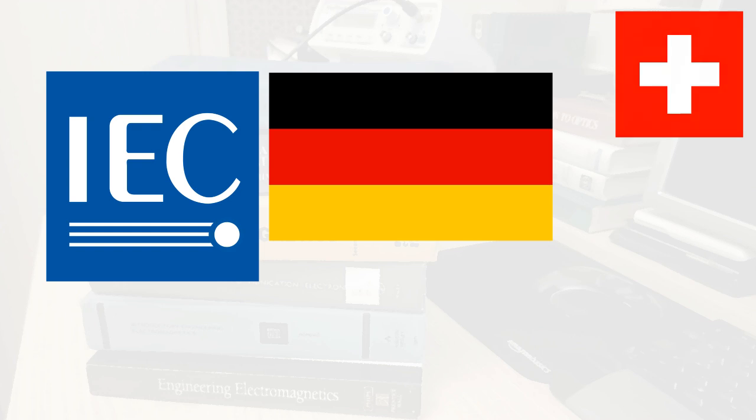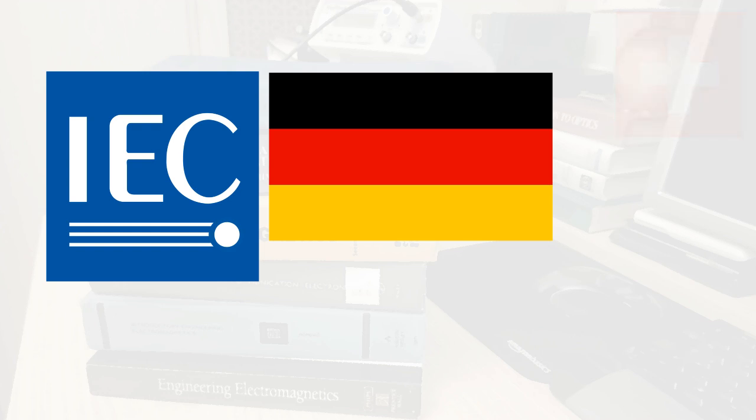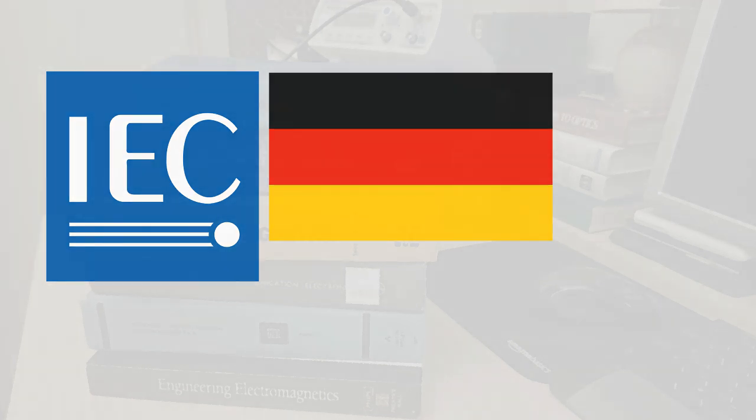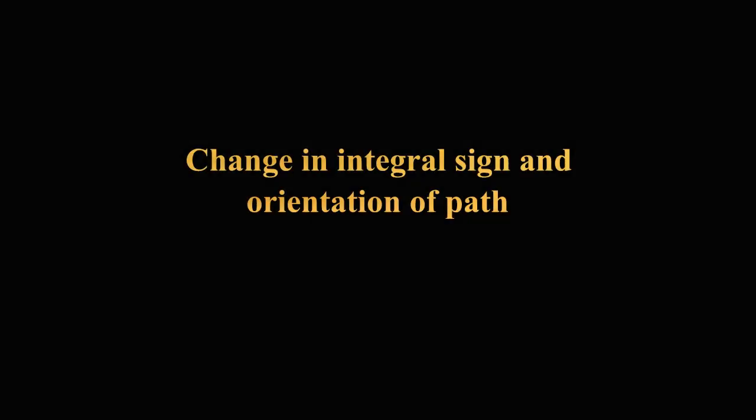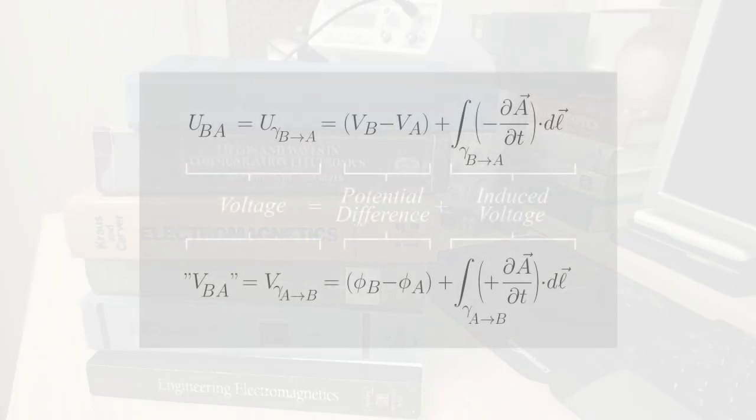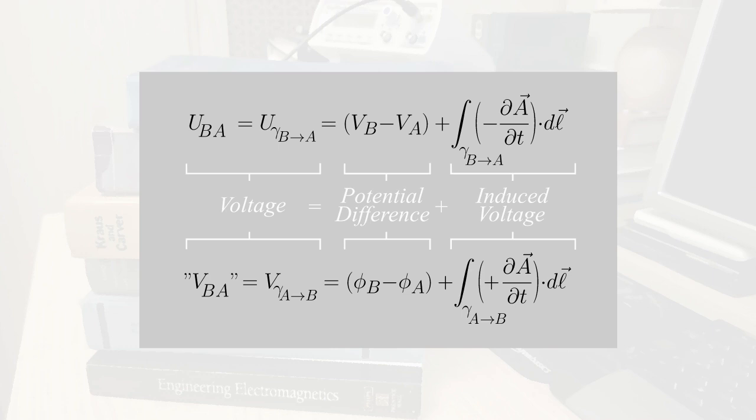So it shouldn't come as a surprise that the IEC decided to use the German convention and notation in their definitions. Let's now confirm, one definition at a time, that apart from the aforementioned slight change in notation, the integral sign, and orientation of path, the IEC entries are completely equivalent to the description of voltage as the sum of potential difference and induced voltage I gave in my previous videos.